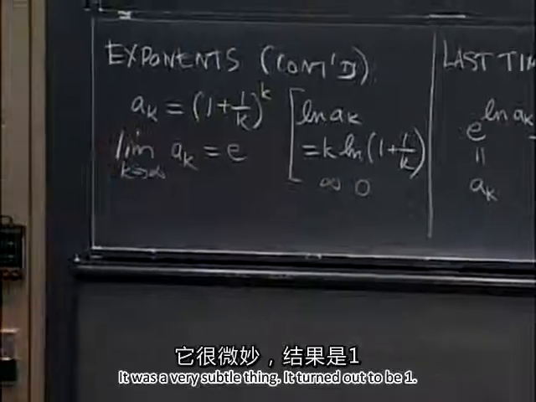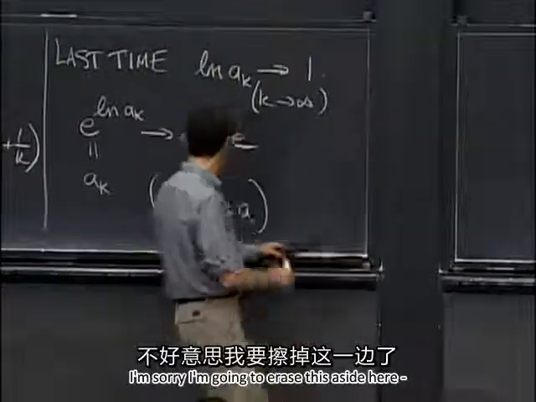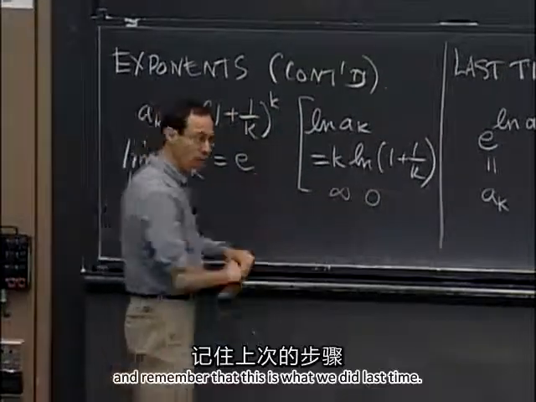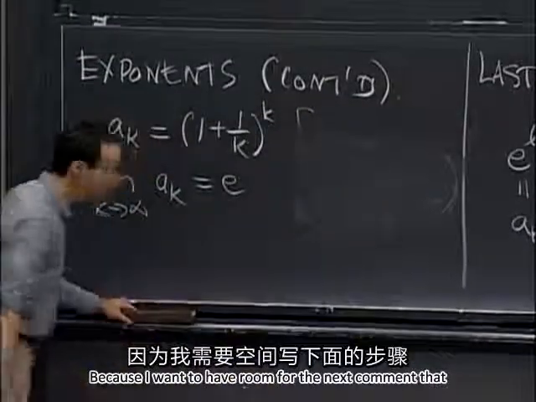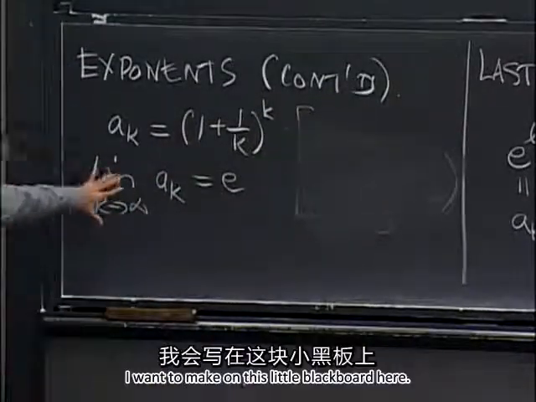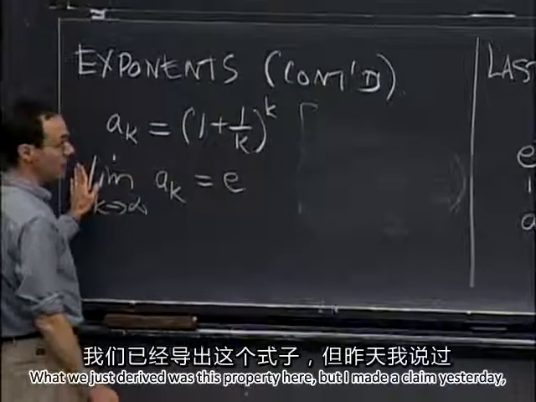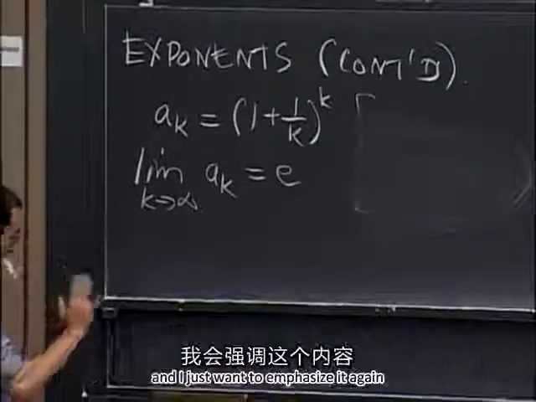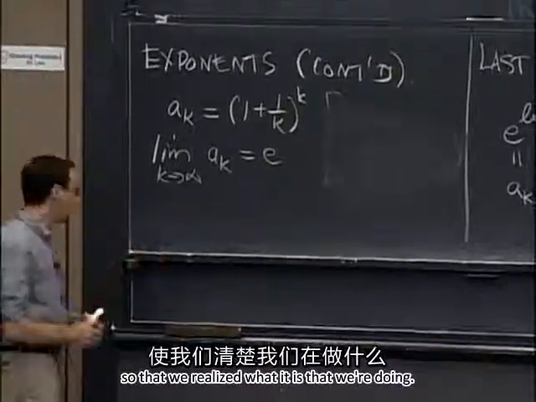All right? Now, the thing that I'd like to say, I'm sorry, I'm going to erase this aside here, but you need to go back to your notes and remember that this is what we did last time, because I want to have room for the next comment that I want to make on this little blackboard here. What we just derived is this property here, but then I made a claim yesterday, and I just want to emphasize it again so that you realize what it is that we're doing.